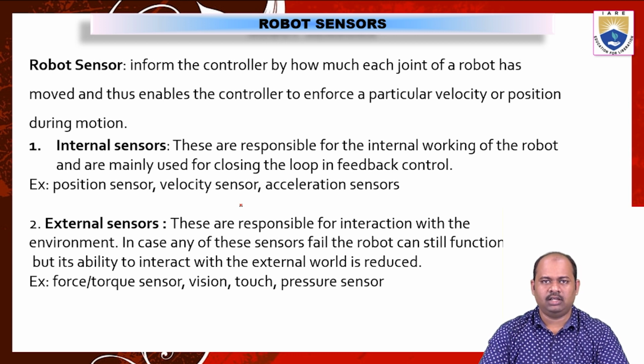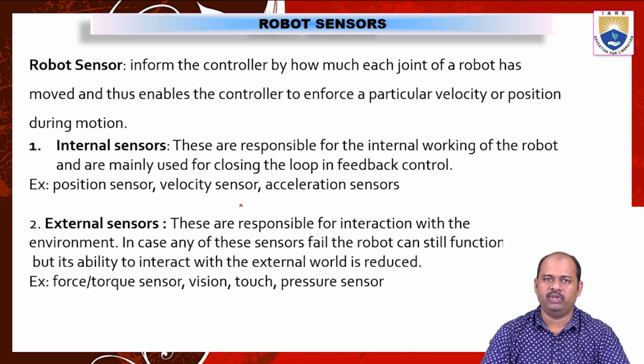The internal sensor will tell you how the machine is working, like whether the machine is moving at the rated RPM or not, whether the machine is working or any malfunctions or failures happen in the machine. Here the machine refers to the robot.